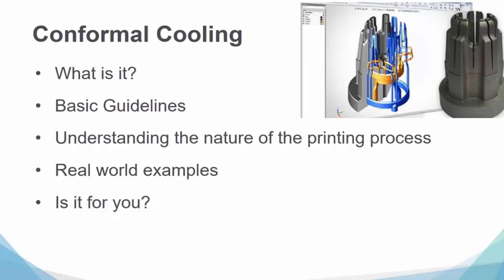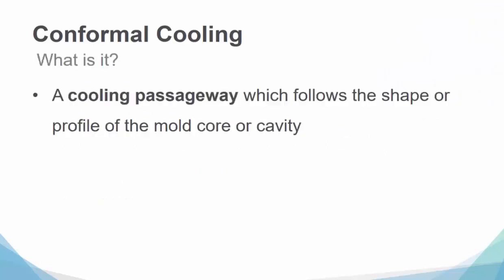We need to know the nature of the printing process. We've got a couple of real-world examples we can look at that we'll mingle in and talk over a couple times just so we can highlight the importance of some principles they display. And the question for you is, is this for you? Is this something that fits? Is this something that you would possibly think about down the road for what you do?